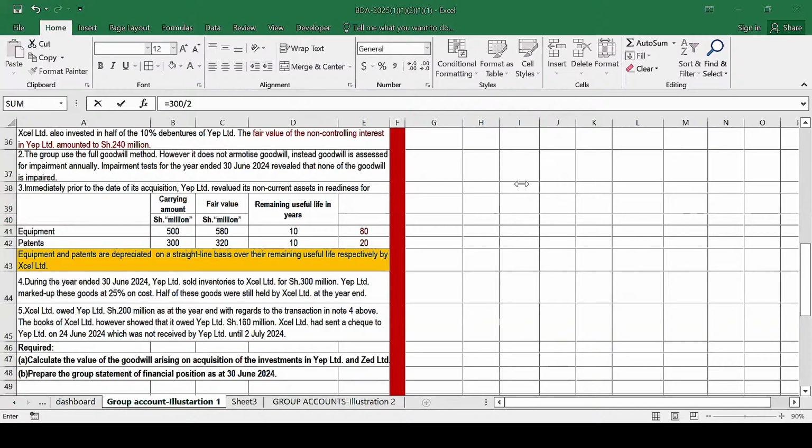Christabel is saying 1/6, 2/5, 1/5. Now this one should be 1/5. Margin should be 1/5.